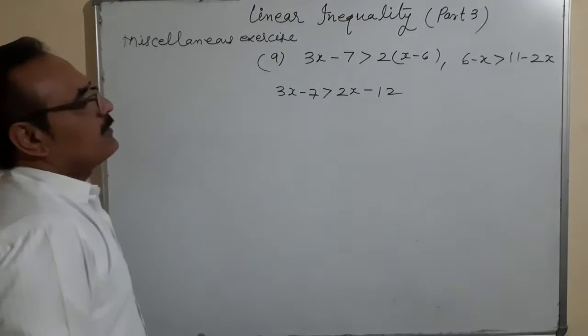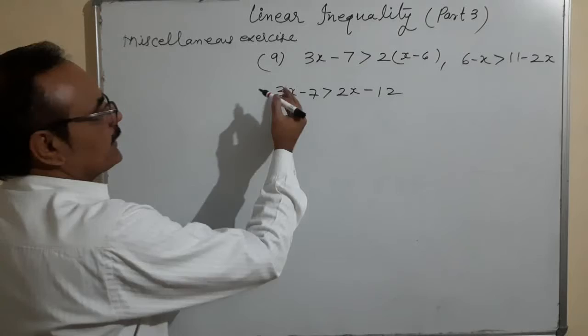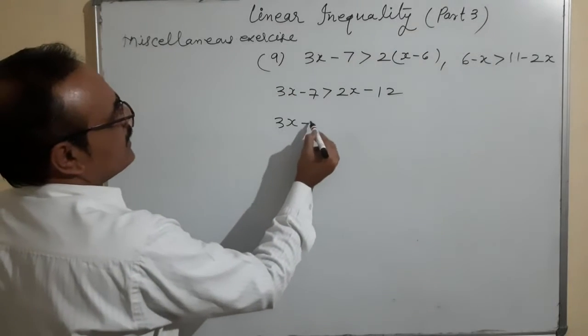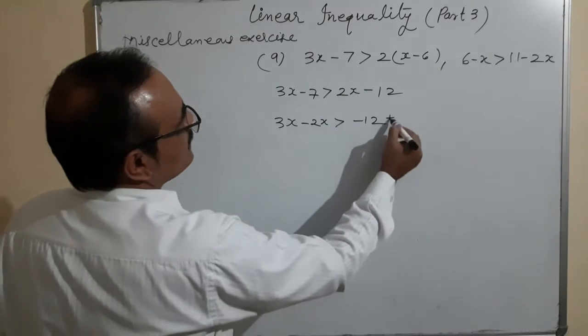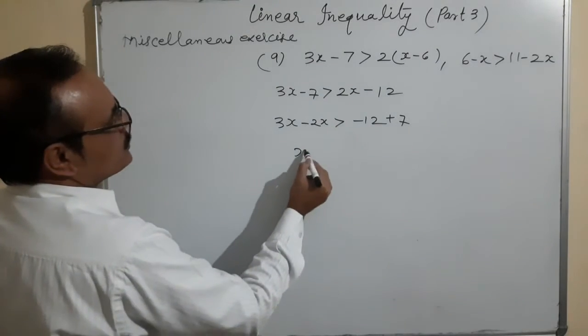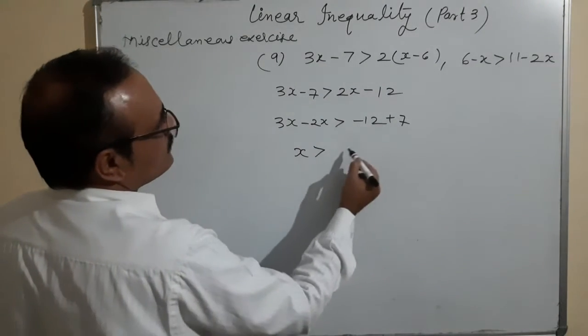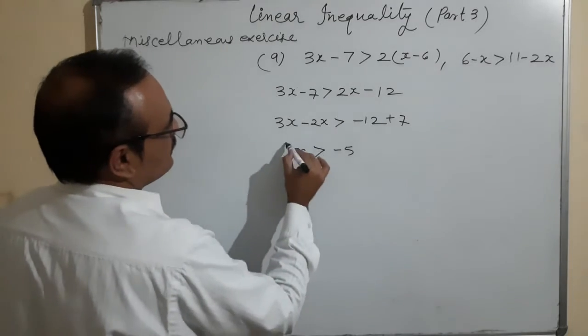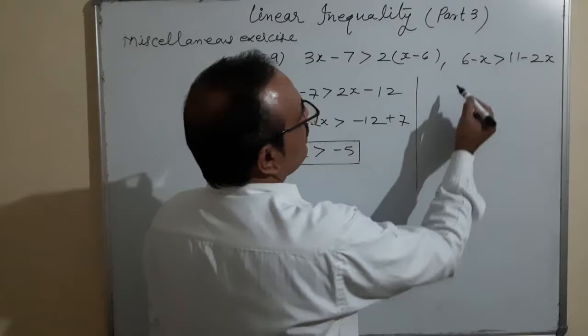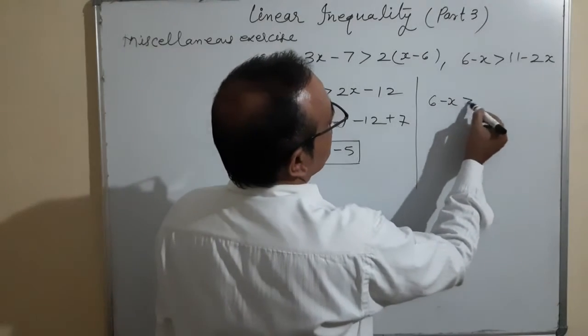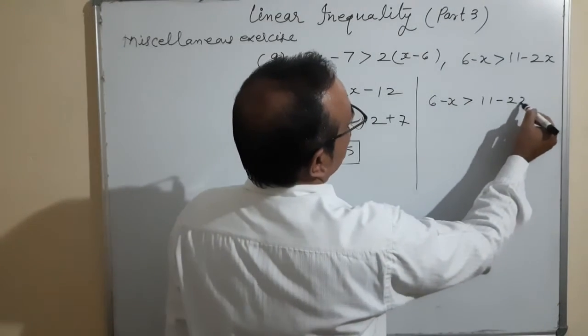So we will shift x this side. 3x minus 2x is greater than minus 12 plus 7. 3x minus 2x, x is greater than minus 12 plus 7, minus 5. That is 1. Second, 6 minus x is greater than 11 minus 2x.